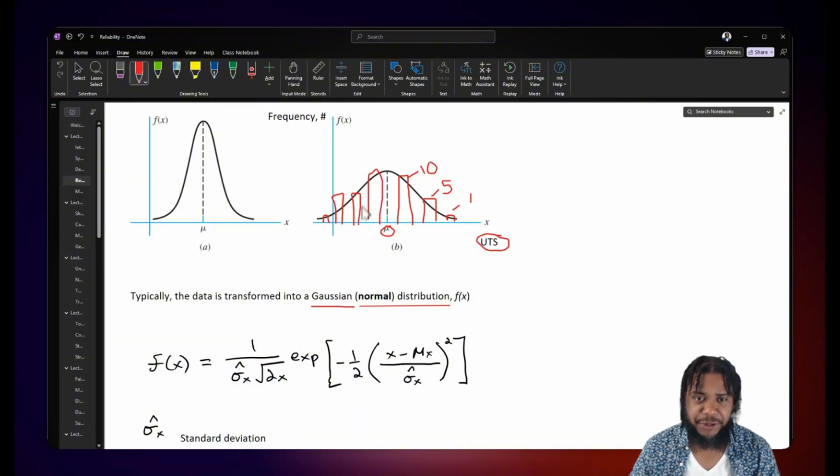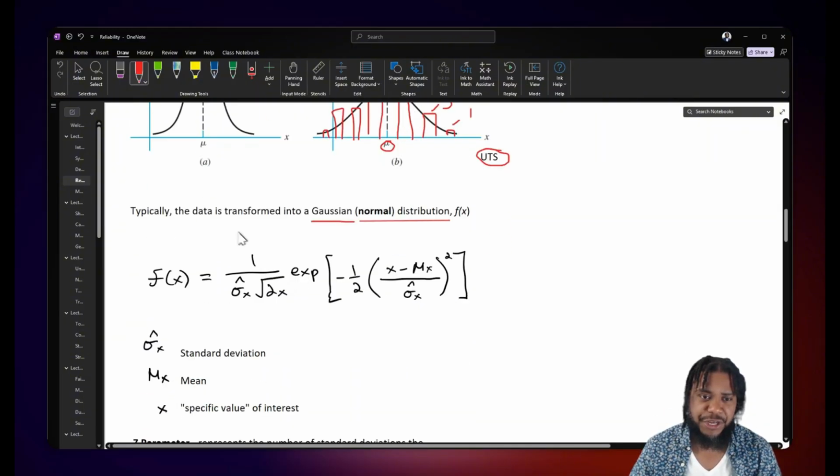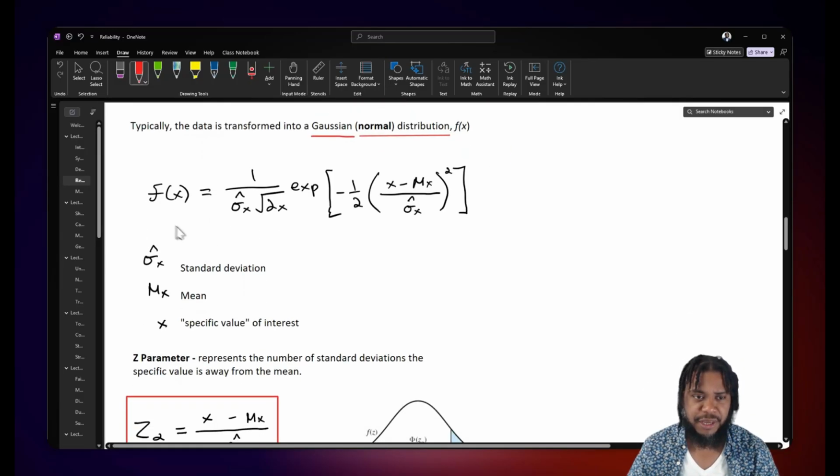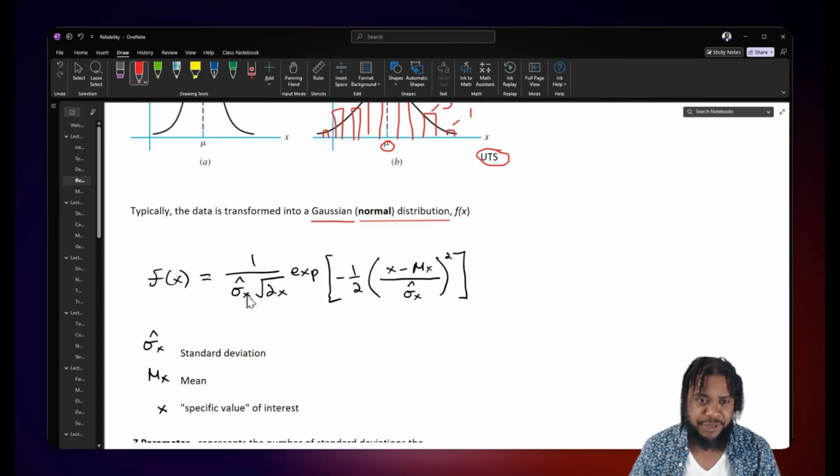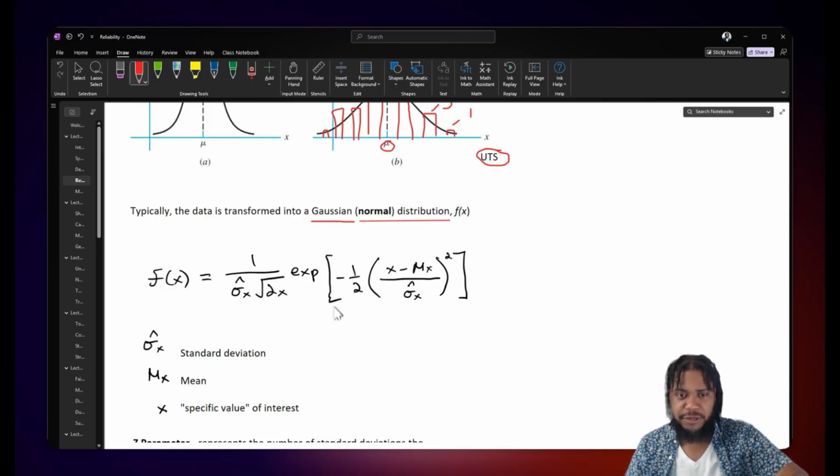So we take our data, the bar graphs, the actual values, and we transform it into an equation, this Gaussian normal distribution, right? Now this function f(x), where x is our property, say UTS, is equal to 1 over sigma_x times the square root of 2 pi, times the exponential of negative 1/2 times the quantity (x minus mu_x) divided by sigma_x, squared, where x is our value of UTS, mu_x is the mean value of our distribution, and sigma_x is the standard deviation.